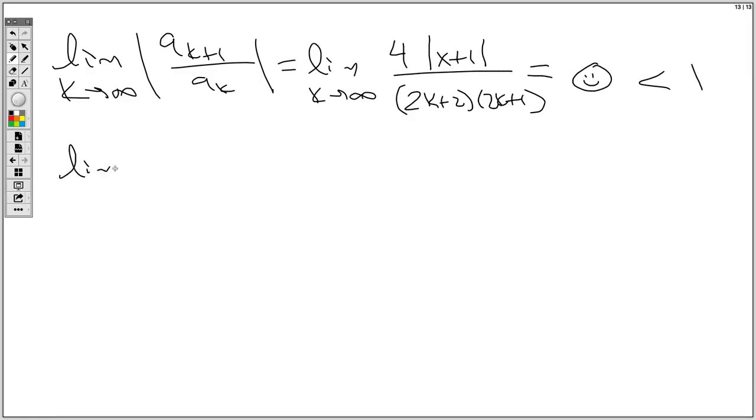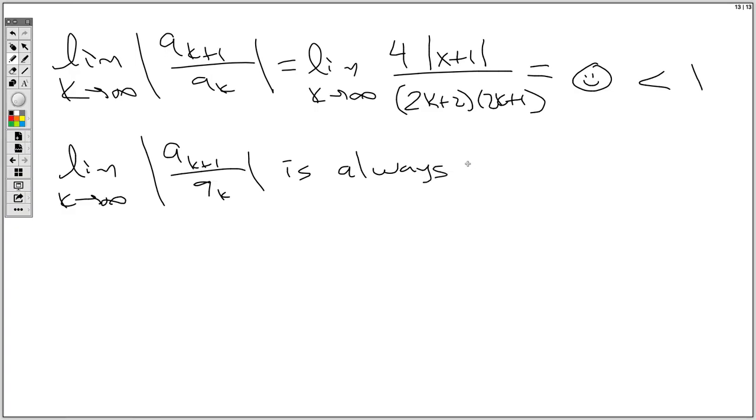So the limit as k goes to infinity of the absolute value of a sub k plus 1 over a sub k is always 0, which is always less than 1.